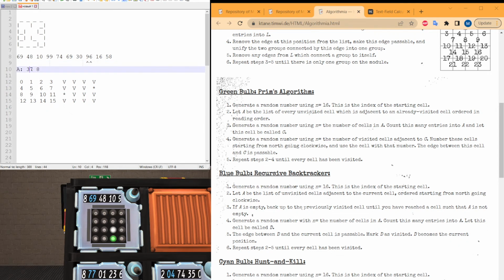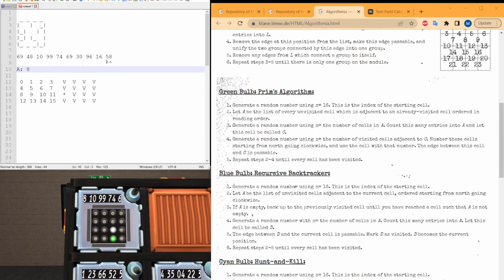Okay, 96 mod 2 is 0, so we're taking a look at cell 7. It has 3 adjacent visited cells. 16 mod 3 is 1, so 0, 1, 2, so this one. Between these two is this wall. Okay, and the last remaining cell is 8.